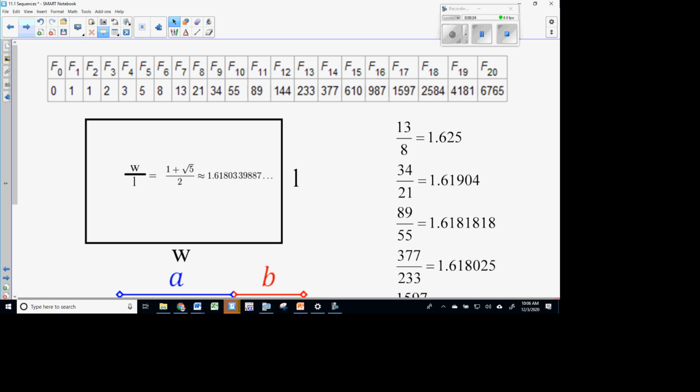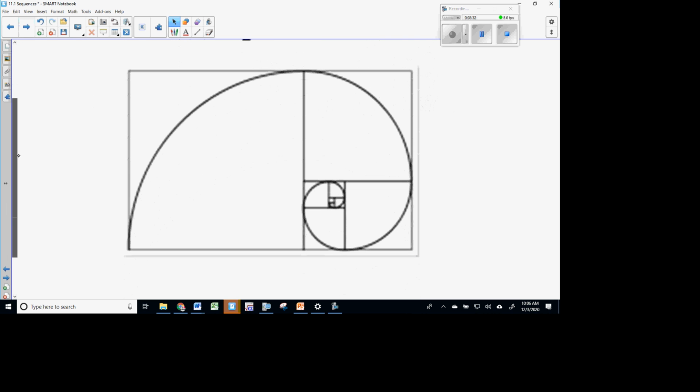Good question. I was just curious to know, is the Fibonacci spiral based on that? Yes. I'll go to a picture of the Fibonacci spiral. There you go. The spirals in nature are related to this spiral. How it comes in is you have a golden rectangle, which is right here.